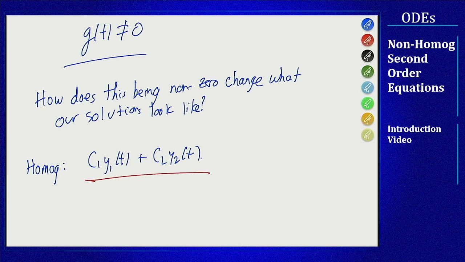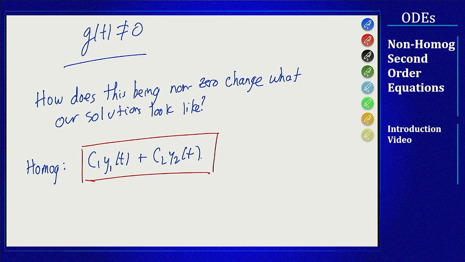If it was constant coefficient, we could then solve for what y1 and y2 are. But even if we can't solve for them, we know that in theory, because it's a linear equation, superposition holds true. We're always going to get a solution with this structure, c1 y1 plus c2 y2, when we have a homogeneous problem.